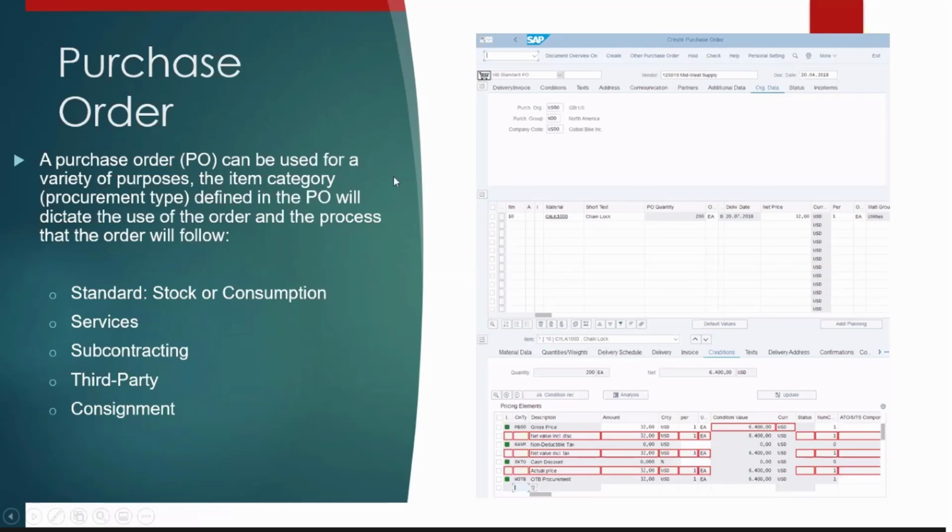Okay, and why do we create purchase orders? There are different types of procurement. Why we want to do the purchase order, the why is the procurement type. Sometimes we want to create a standard purchase order for stock and consumptions.